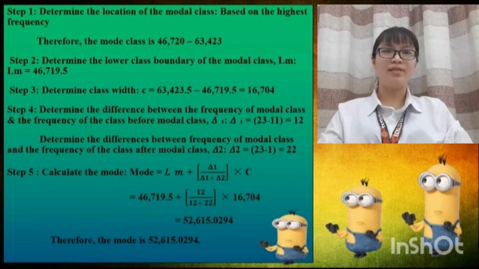Step 4, determine the difference between the frequency of the modal class and the frequency of the class before the modal class, and the difference between the frequency of the modal class and the frequency of the class after the modal class. And the last step, step 5, calculate the mode by using the mode formula. Therefore, the mode that we can get is 52615.0294.